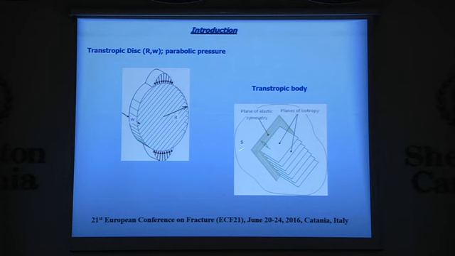What we are doing is to cut out a cylindrical specimen from this block in such a way that the cross-section of the disk is placed normal to the planes of isotropy. Then we subject this disk to this parabolic pressure, and this is the problem we are going to solve here analytically.